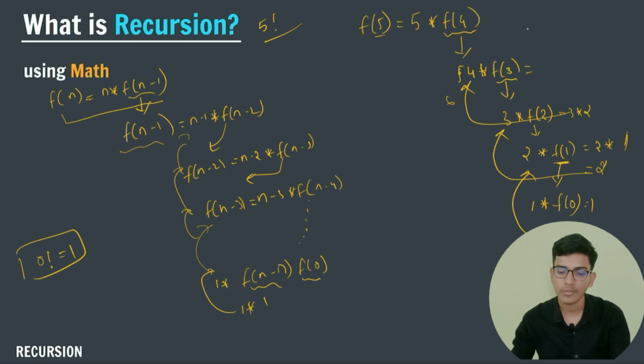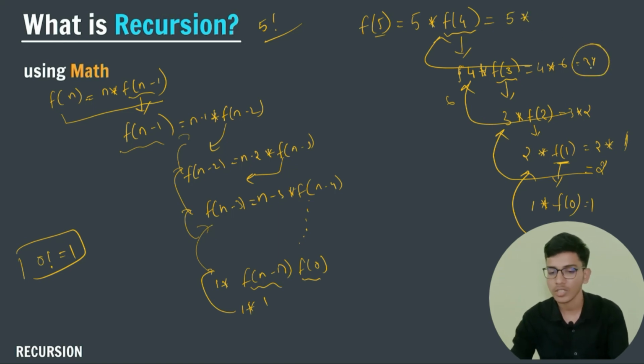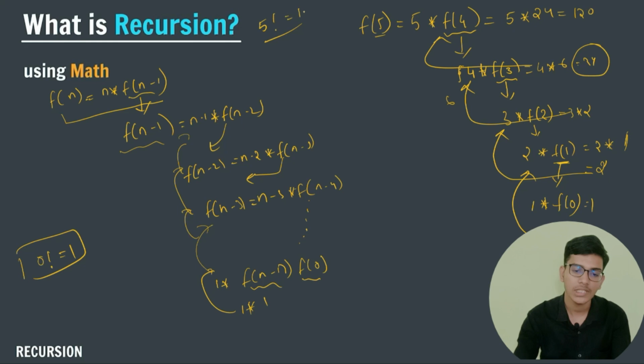So 4 factorial is equal to 4 into 6, that is 24. I will return the answer to my 5 factorial, and the final answer will be 5 into 4 factorial. We already found out that 4 factorial is 24, so the answer will be 120. So the 5 factorial value is 120.